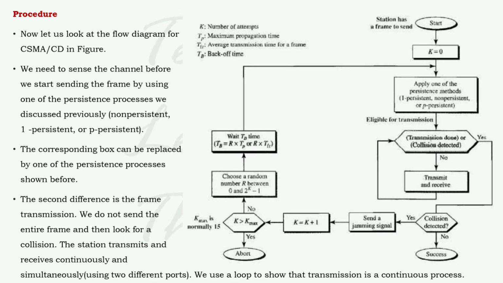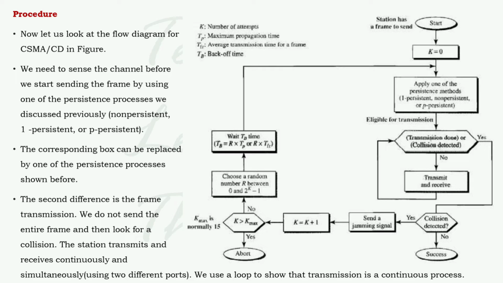We have already discussed this in the first video, so go and watch that video if you have any doubt regarding one-persistent, non-persistent and p-persistent. If it is eligible for transmission, the transmission is done or a collision is detected. If yes, then it goes to the collision detection part. If no collision is detected, then it is a success.